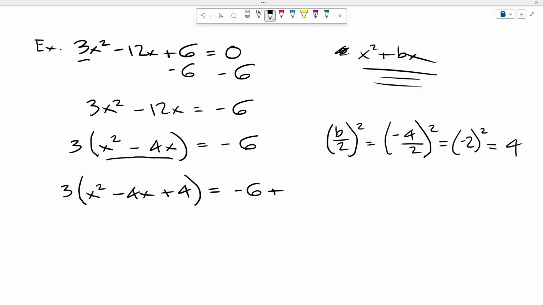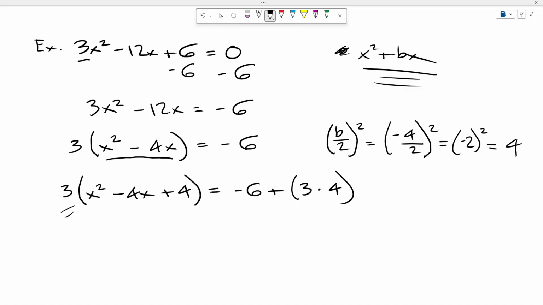But here, we still have this 3 out front. So it's not just 4, we're actually taking 3 times 4. Because we still have to account for the fact that we have that 3 out front. So we're actually adding 12 to the right side. Just like if we were to distribute this, we have 12 on the left side, so we need to add 12 on the right side as well. What we do to the left, we do the same to the right.